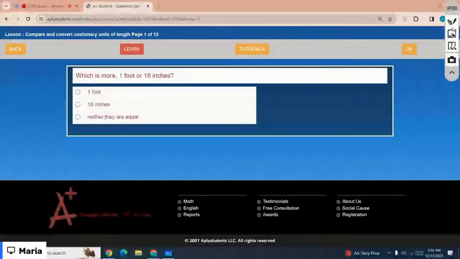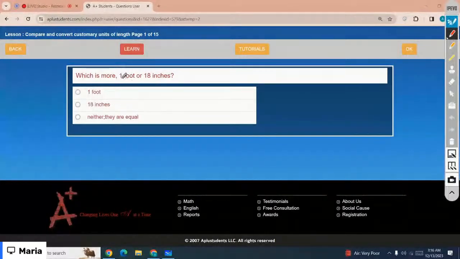Okay, here you have 1 foot, right? As I just said, 1 foot equals 12 inches. So we are comparing 12 inches and 18 inches. Obviously, 12 inches is less than 18 inches, isn't it?